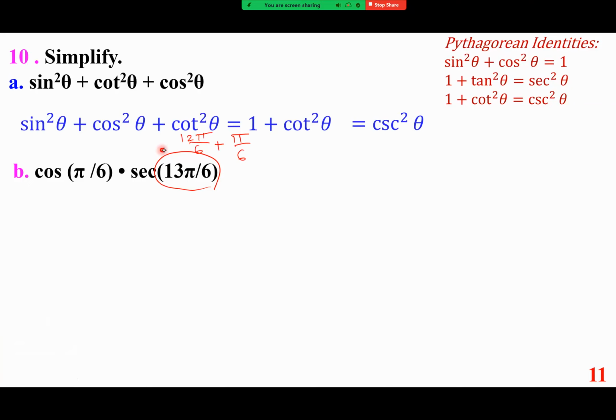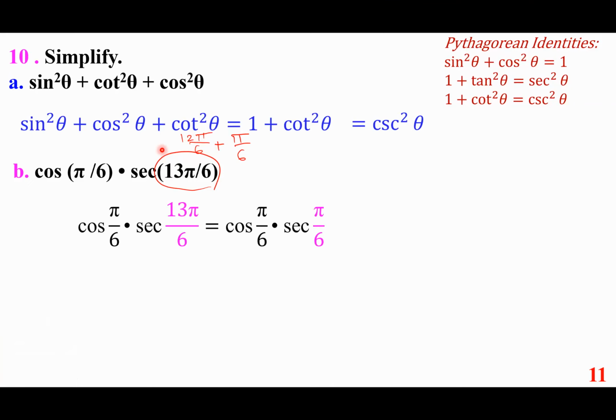You can get rid of it. Secant of pi over 6 is 1 over cosine of pi over 6. You can write it in this fashion, and it becomes 1. Or you can write this one underneath this one as a fractional format.